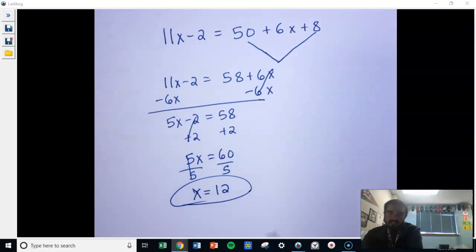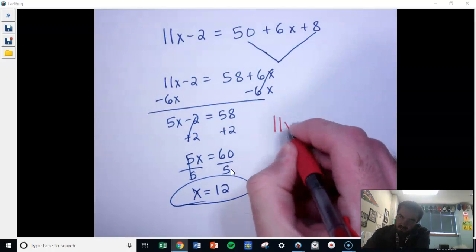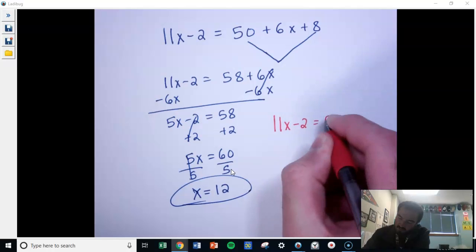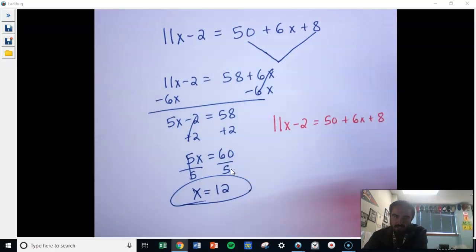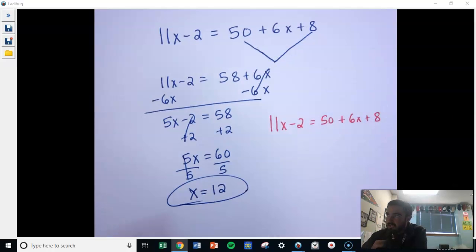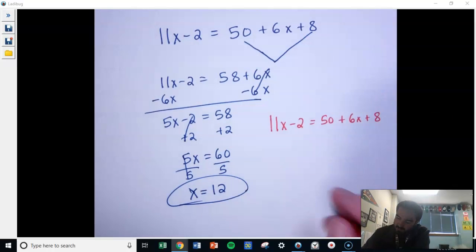X equals 12. But I think some of you guys are like, man, Mr. Colson, I get an answer, but then I don't know if that's right. I don't know how to check my work. Well, let me just show you real quick how you could check your work here. If this was my original equation, 11x minus 2 equals 50 plus 6x plus 8, I could plug in 12 for x to check my work.